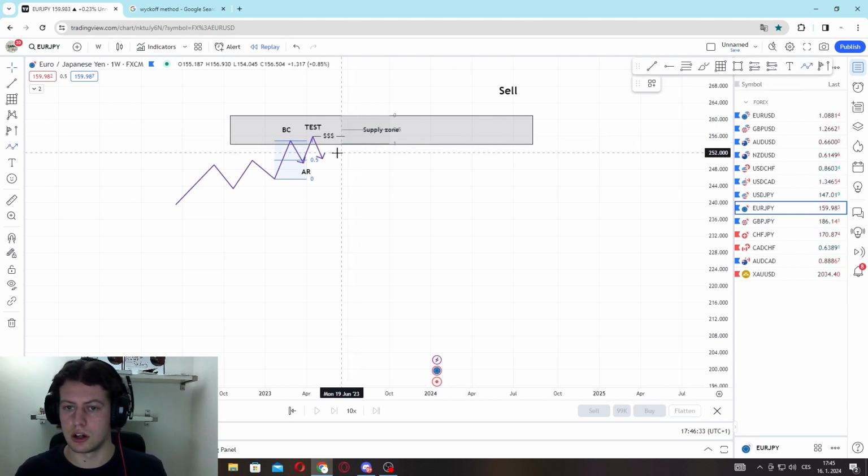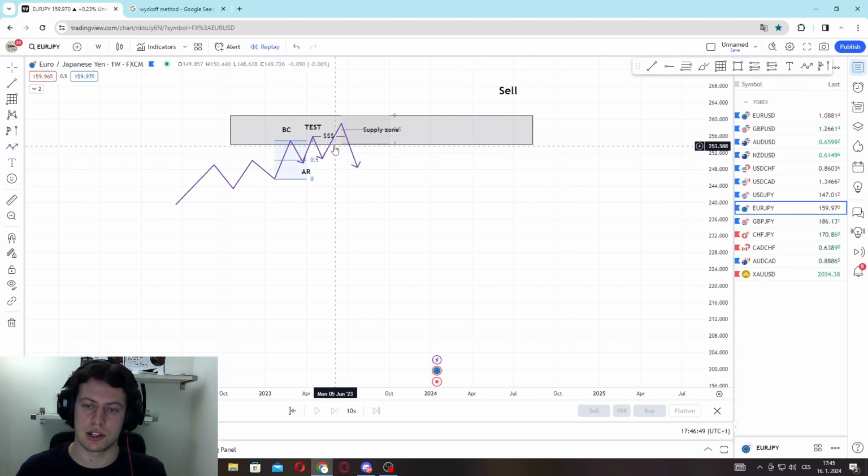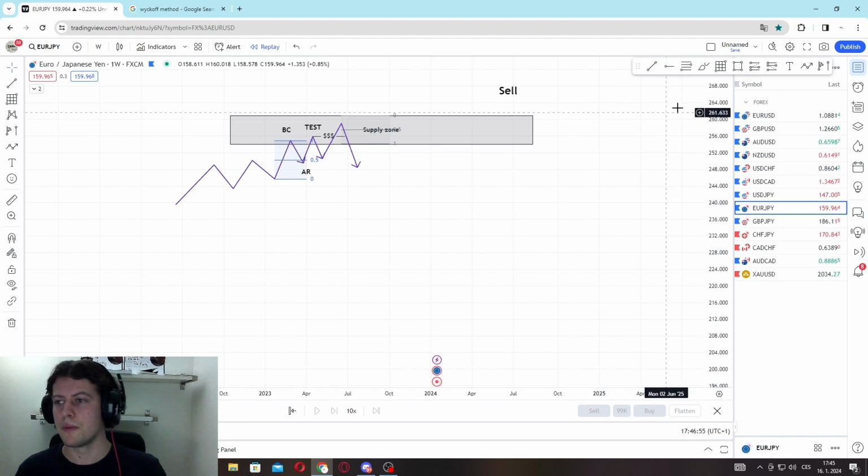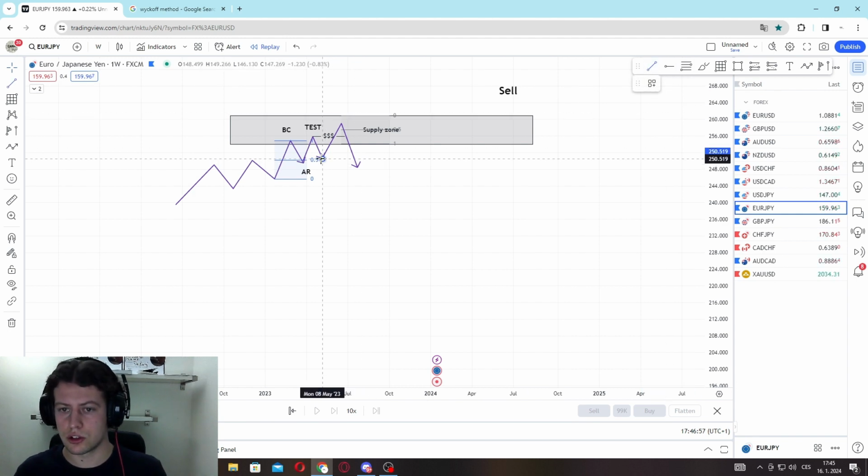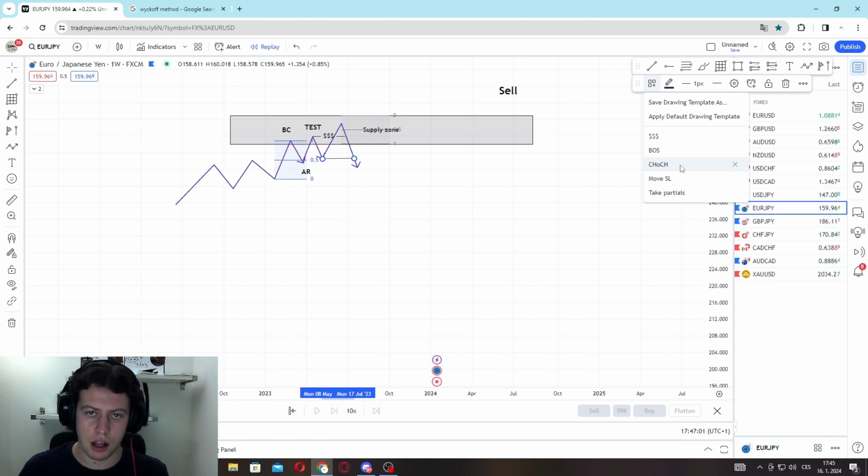So it takes the liquidity, and it goes above the 50%, and it has to make a change of character, so below this last low or some wicks. I will show you, because we will enter on 1 minute and it will be really precise. And also another rule, it has to be an engulfing candle.